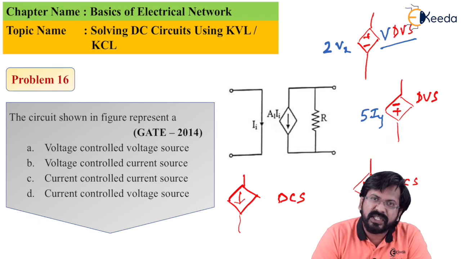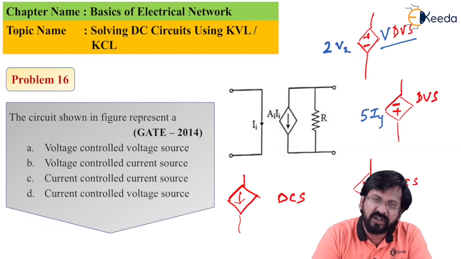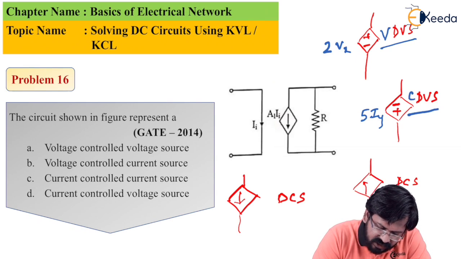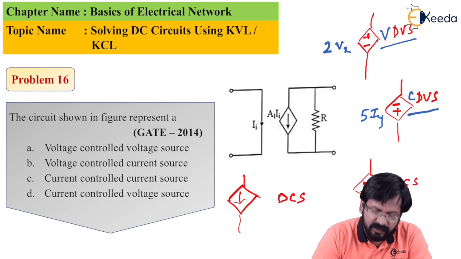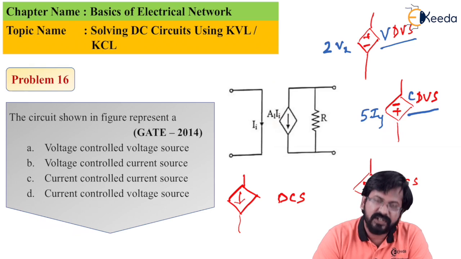So the magnitude, since it depends upon some current, I should write the first alphabet as C. In effect, it becomes CDVS, stands for current dependent voltage source. Understand, it is voltage source which is dependent type and it depends upon some other current, so it is called as current dependent voltage source.